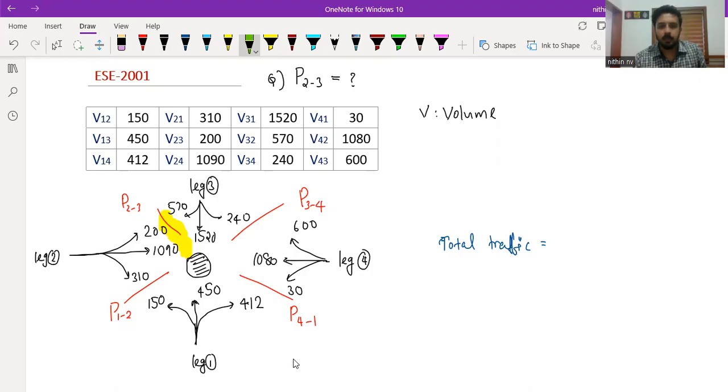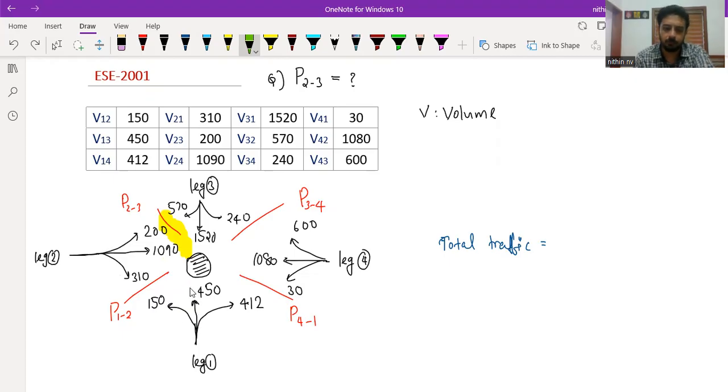Which means, if I'm just considering leg 1, which vehicles will be using that location? Will these 150 vehicles be using it? Absolutely not, right? Because they will be coming into the intersection like this, turning like this, then taking the exit. So this is what is going to happen. They are not going to use that colored section, right?